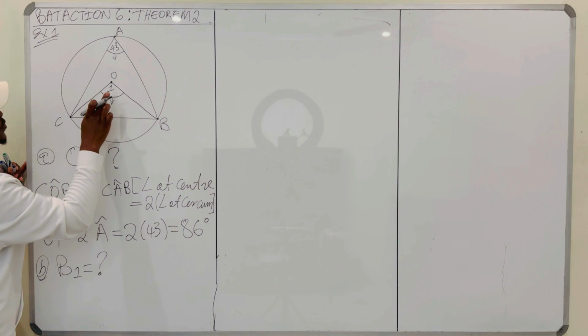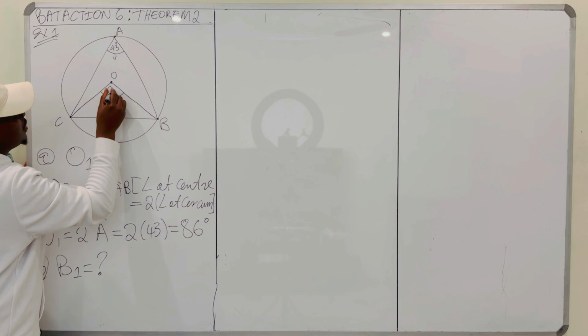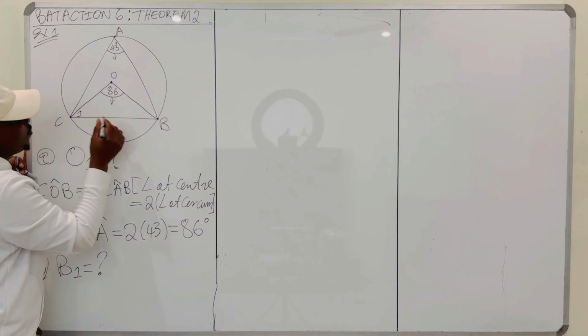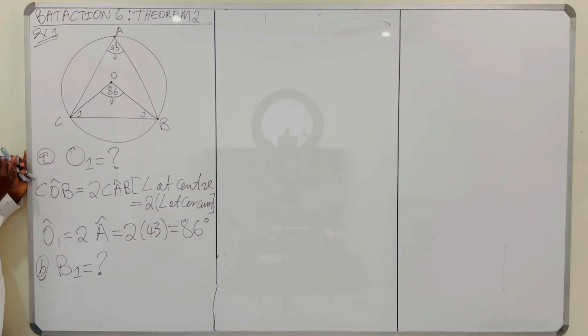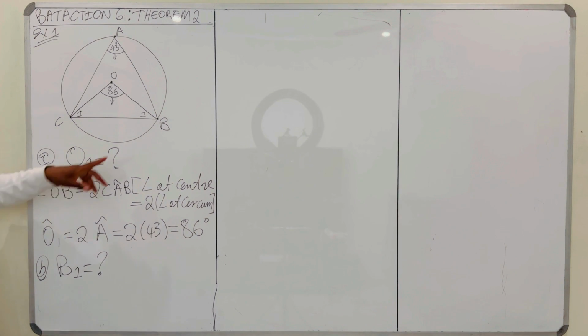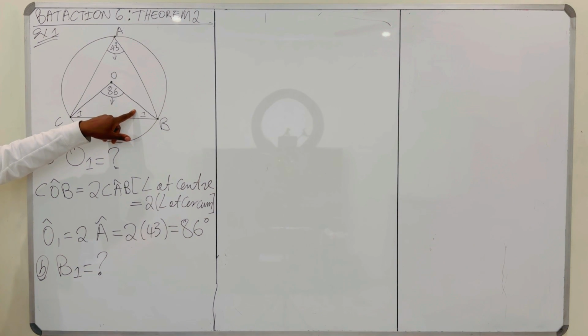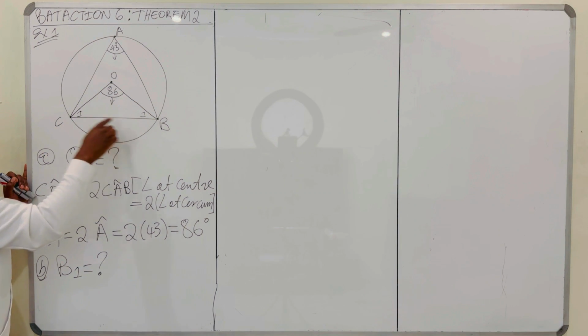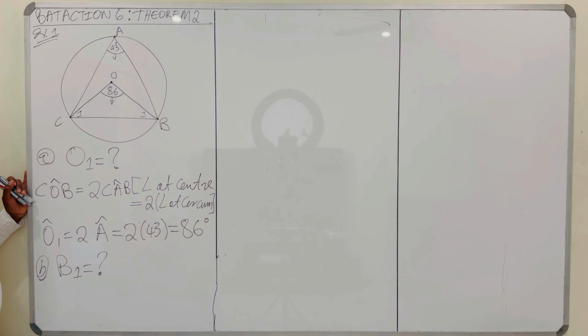So we have 86. Put your 86 there. They want us to find the size of B1. So we have C1 and your B1 over there. If you look at B1, B1 is sitting on a triangle, COB. Are you with me? Yes.